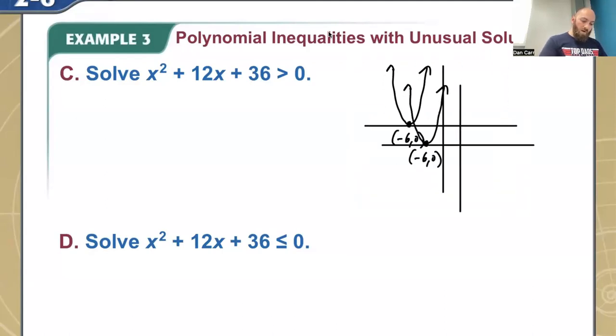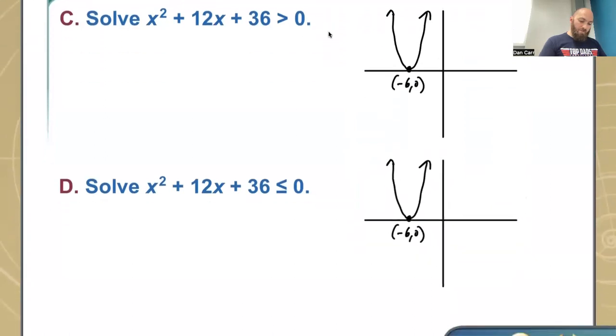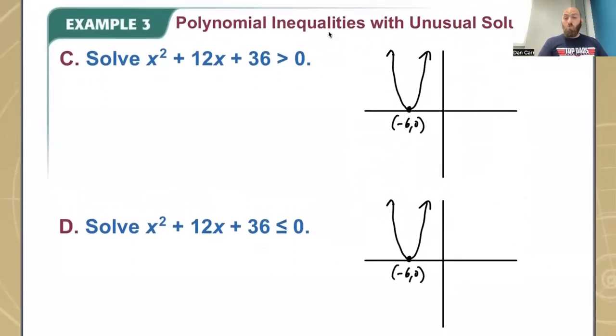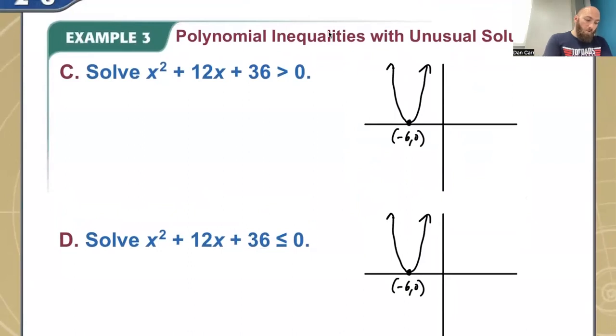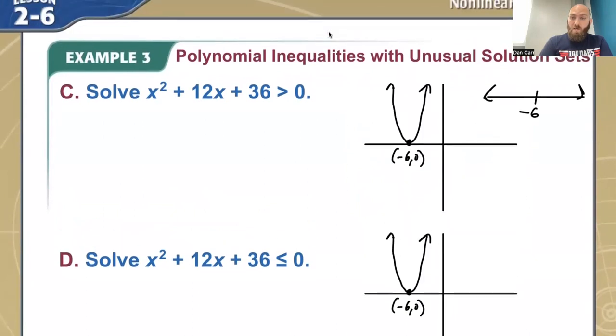When I look at my two possibilities, the first one says, when is it greater than 0? I want to do it as a number line as well, with -6 here. The point itself is not greater than 0. It's exactly 0, so I'm going to leave an open circle on -6.